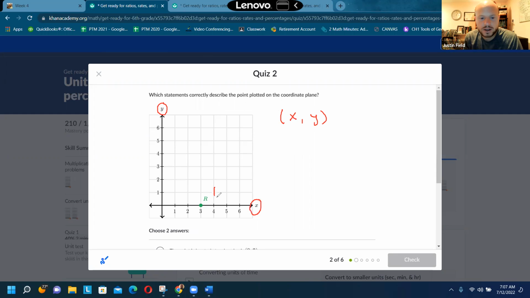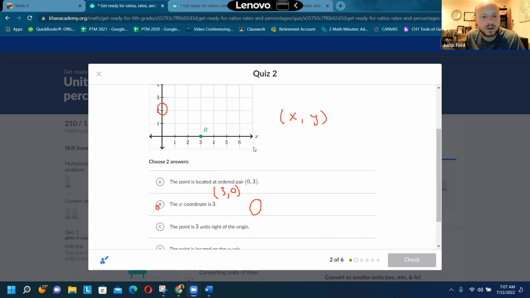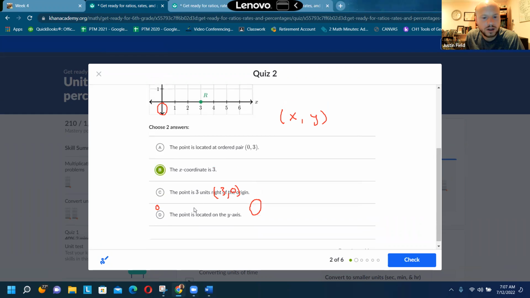And so this guy has an X value of 3 and a Y value. Well, there's a 0 right there. So the Y value is 0. Just 3 units right of the origin. Yeah, this point right here is called the origin. And it's not on the y-axis. It's on the x-axis.